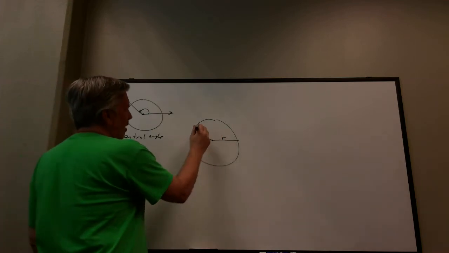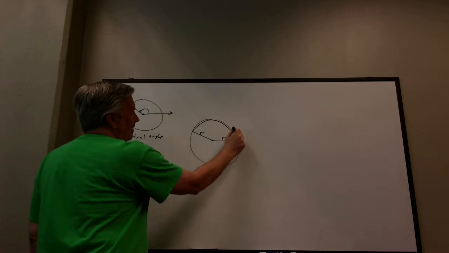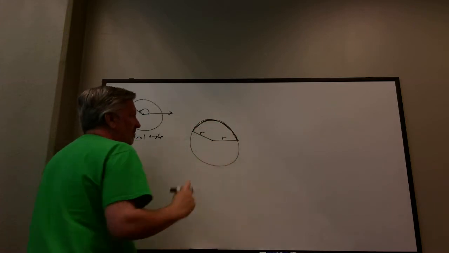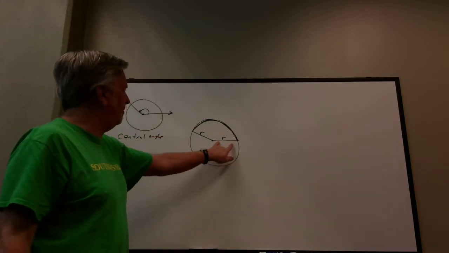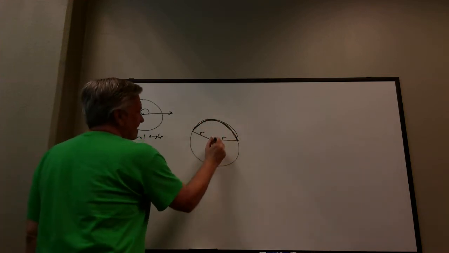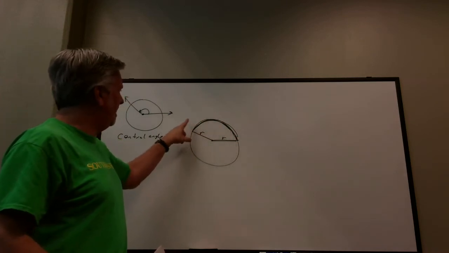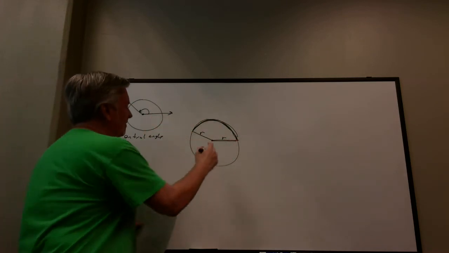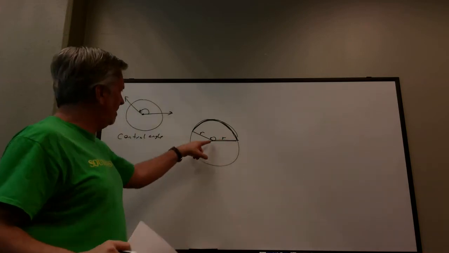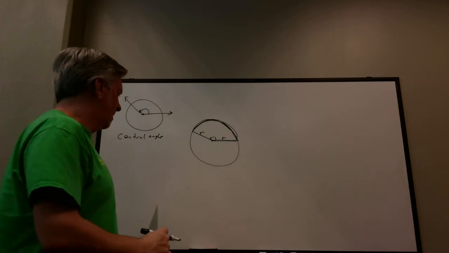Now, think about the arc length that these two radii intercept. So the arc that they intercept is here. How does the length of that arc compare to the radius? Well, it's clearly bigger, isn't it? This distance is a lot bigger than that distance. So the arc intercepted by the central angle is bigger than the radius.